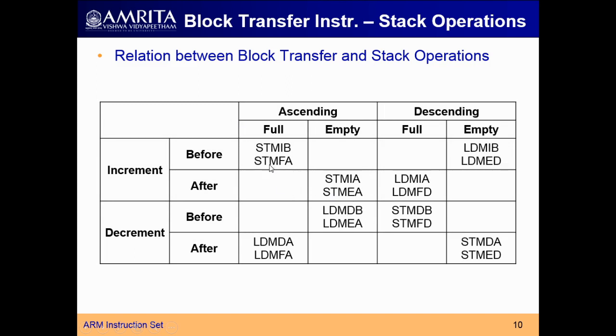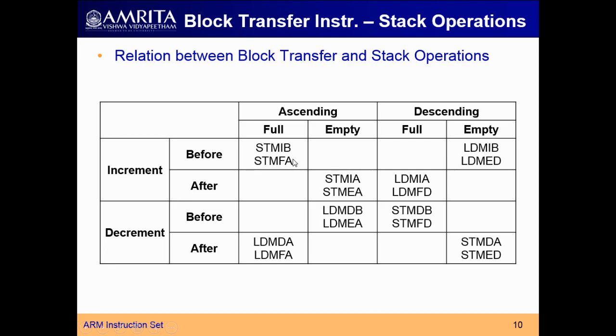So what do you mean by STMFA? FA stands for full ascending, EA stands for empty ascending, ED stands for empty descending, FD stands for full descending, right? So STMIB is doing the same operation as STMFA, right?